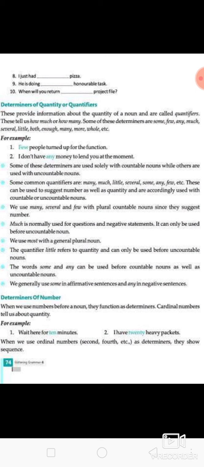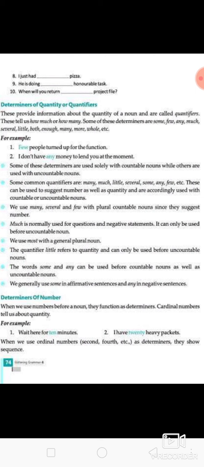We use many, several, few, all such determiners with plural countable nouns since they suggest numbers. Much is normally used for questions and negative statements. It can only be used before an uncountable noun, as I said earlier. We use most with a general plural noun.